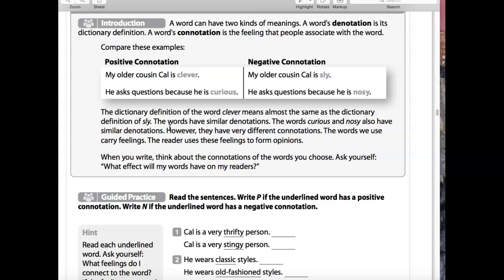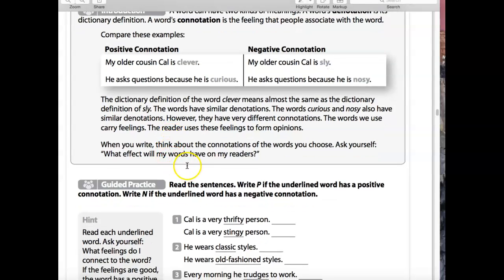The words curious and nosy also have similar denotations. He asks questions because he is curious. He asks questions because he is nosy. However, they have different connotations. The words we use carry feelings. The reader uses these feelings to form opinions. So when you write, think about the connotations of the words you choose. Ask yourself, what effect will my words have on my readers?